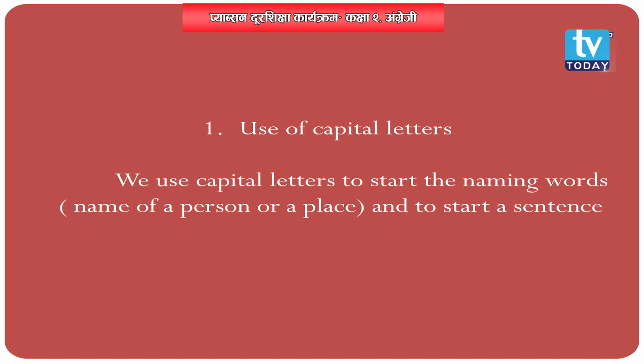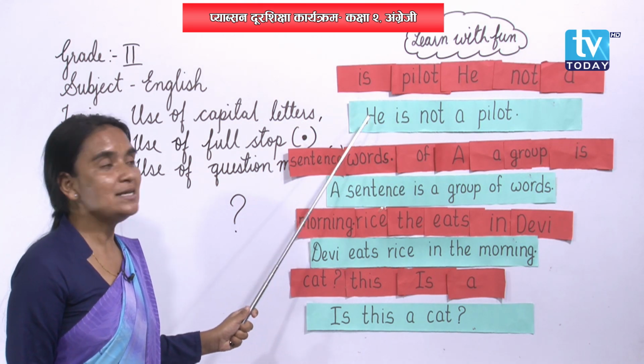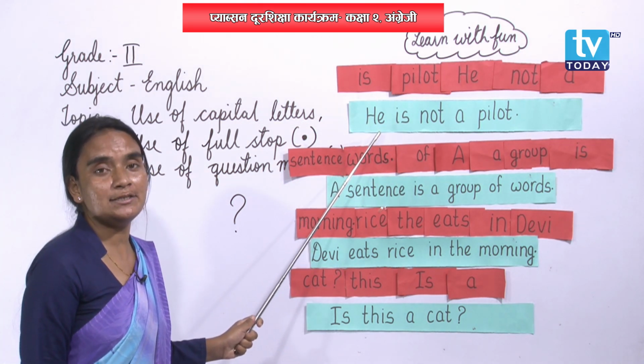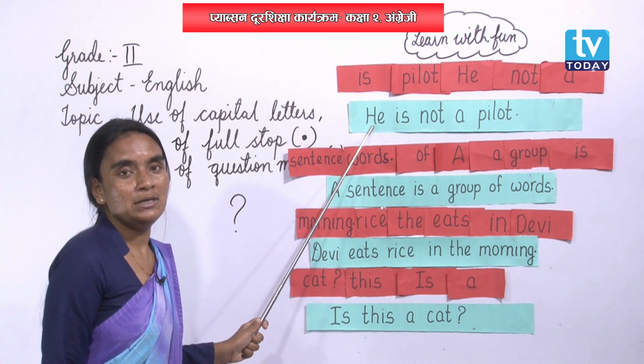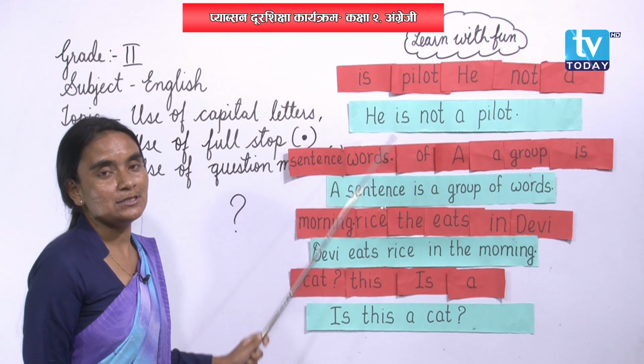He is not a pilot. Read aloud. I said already, if you remain passive, you will not have any learning. He is not a pilot. The beginning letter H is capital, the starting or initial letter of the pronoun. He is a pronoun where we have used a capital letter.